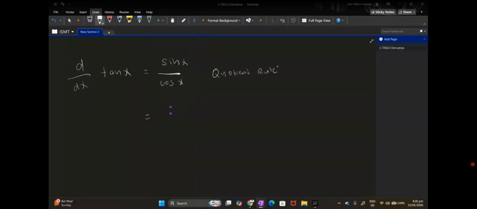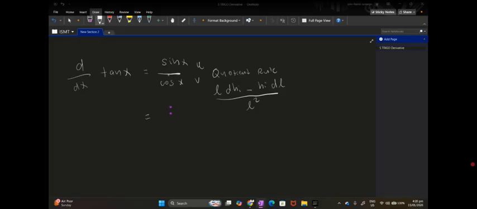Di ba, meron tayong tinatawag na low over high, U, V. Low d high minus high d low all over low squared.